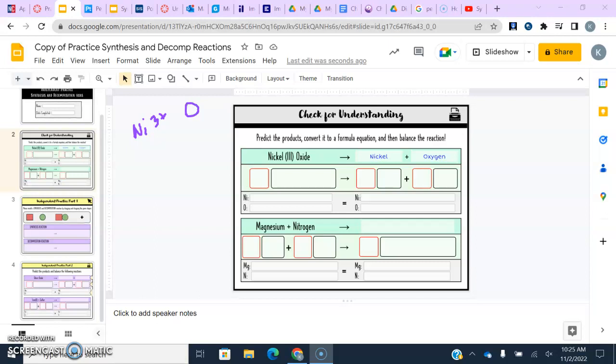And if we take a look at our periodic table, and I'm not going to do it because it'll eliminate my drawing, oxygen is in group 16, so it'll have a 2 minus charge. Okay, now we're going to have to swap, drop, and chop. So swap, drop, chop. So that would give us Ni2O3.